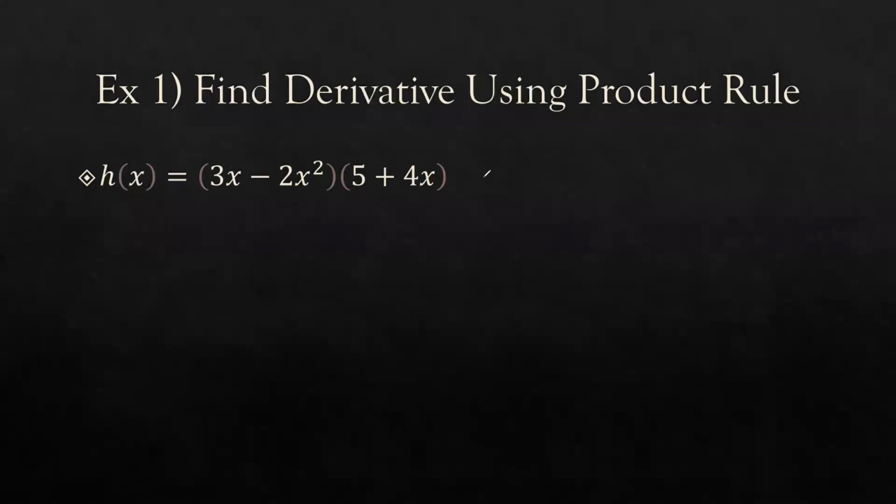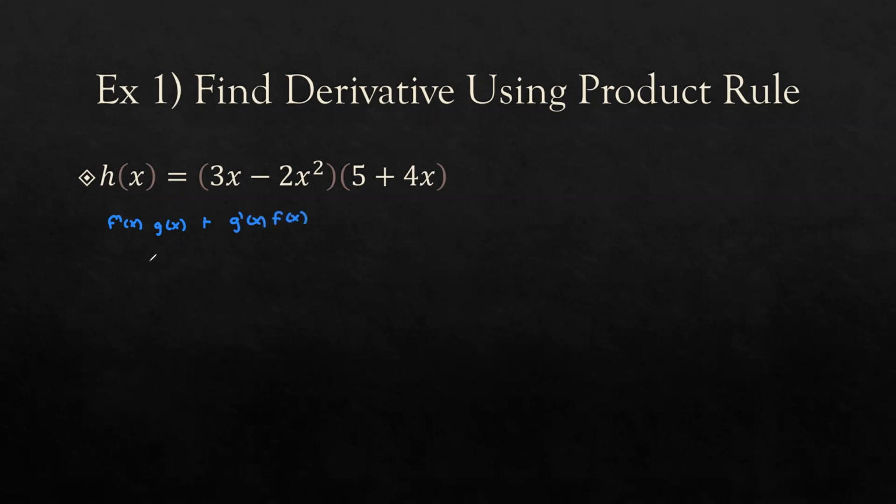The product rule is f prime of x times g of x plus g prime of x times f of x.